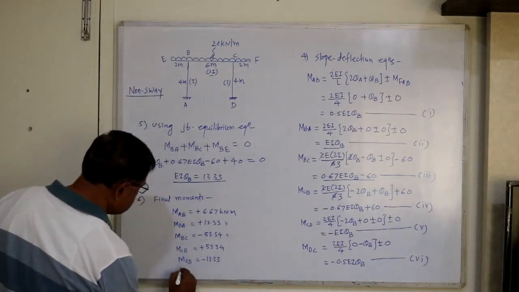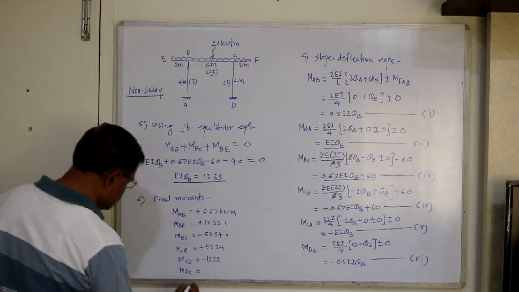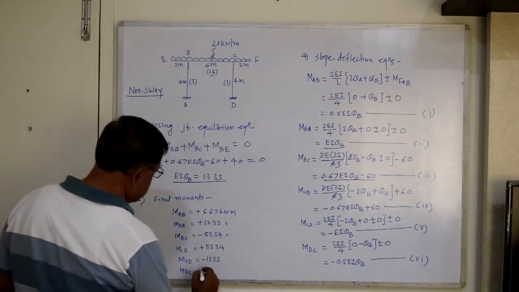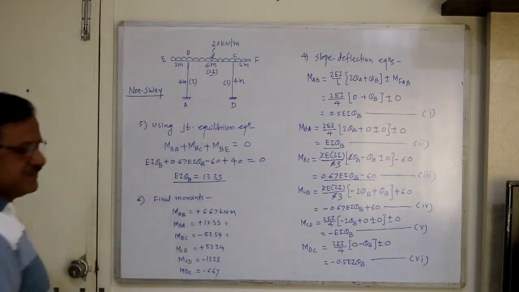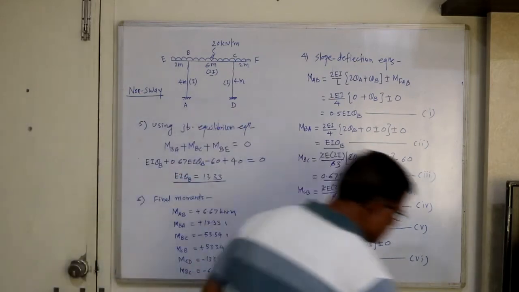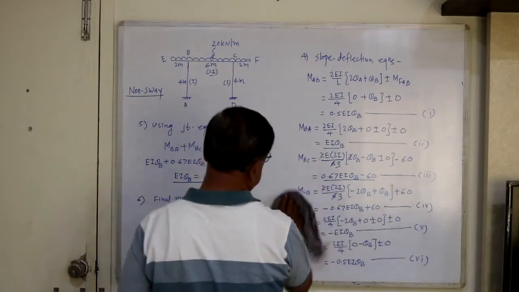And MDC, so this will be minus 6.67. So with these values, now we can construct bending moment diagram.